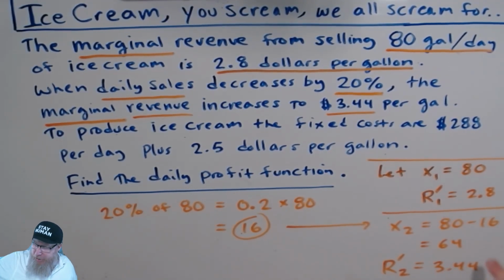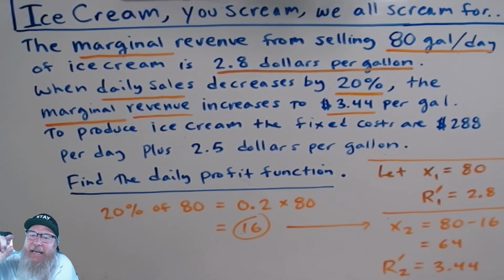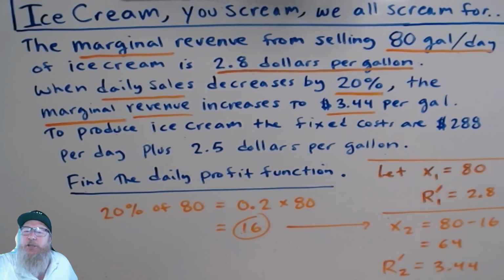However, the marginal revenue, the margin is that little slope line that we talked about, the amount of increase for each additional unit, is going to go up when you sell less.